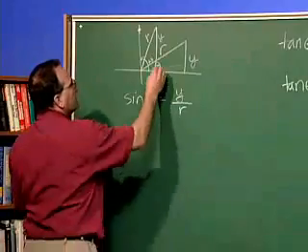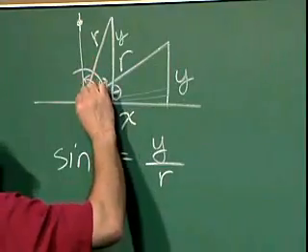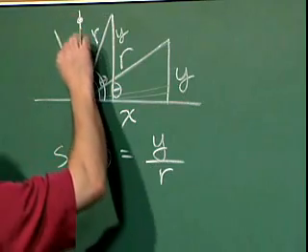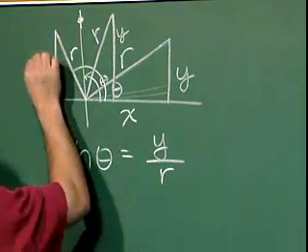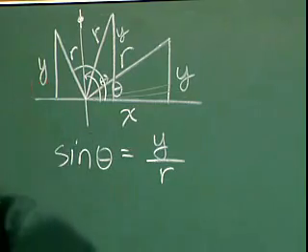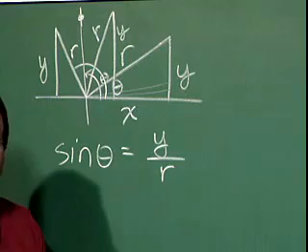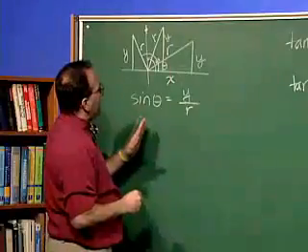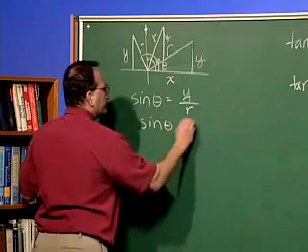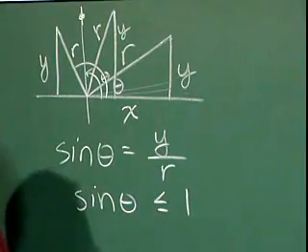And what you'll notice is, if I then create an angle with its terminal side in quadrant 2, here's r, here's my y value, you can see that what's happening again is that the ratio of y to r is getting less than 1. What I'm saying then is that the sine of theta is never bigger than the value of 1.